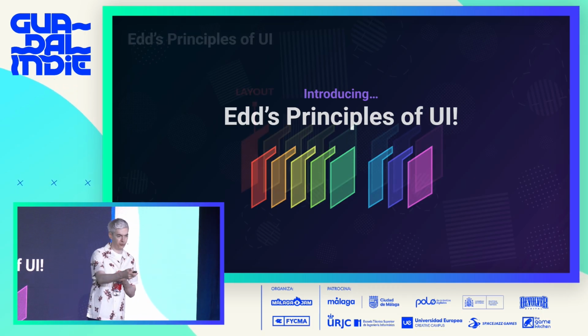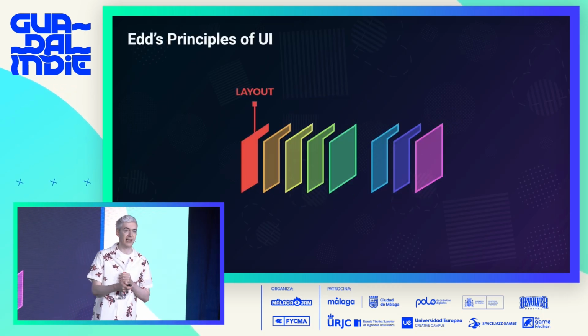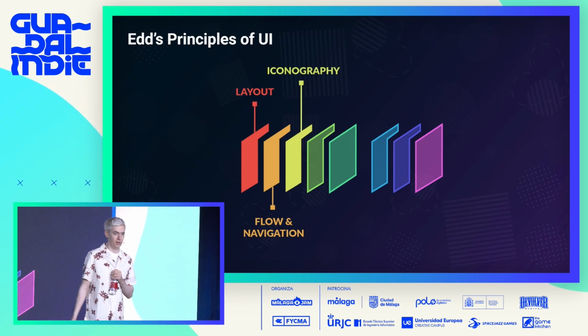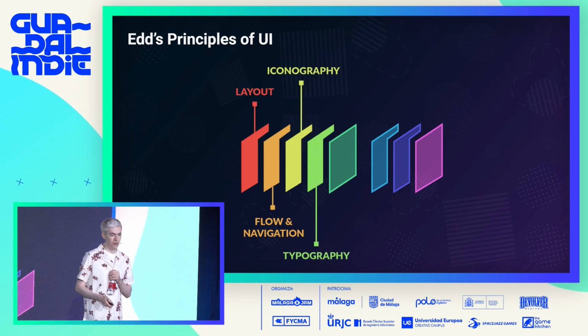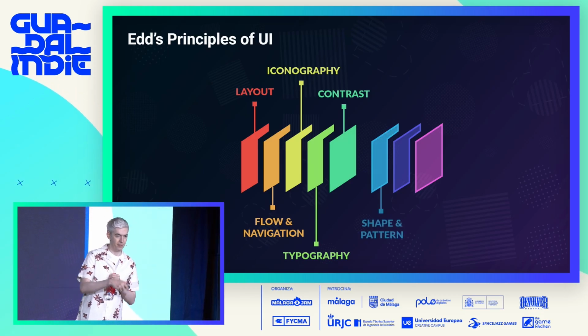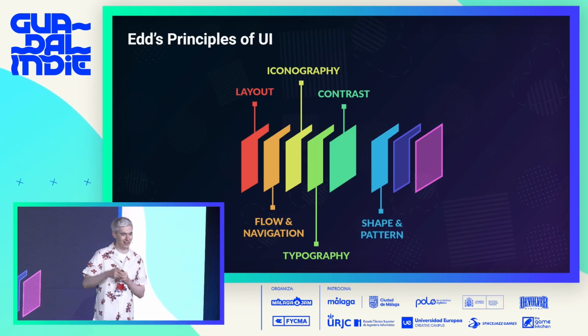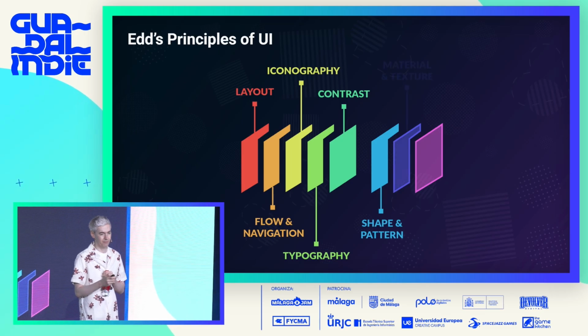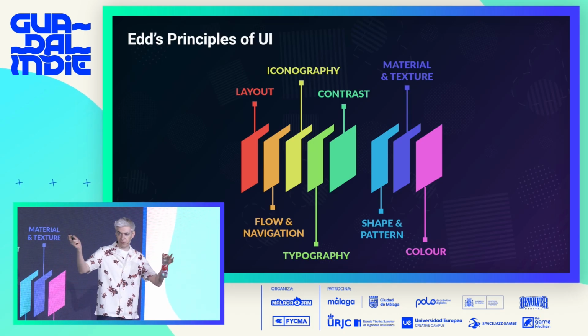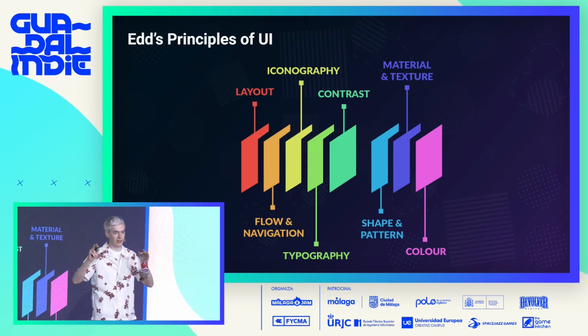There are 8 principles. First of all, there's layout, flow and navigation, iconography, typography, contrast, and then you'll see why there's a little separation in a minute, shape and pattern, material and texture, and finally, color. The reason there are 2 groups here is because I like to separate them.